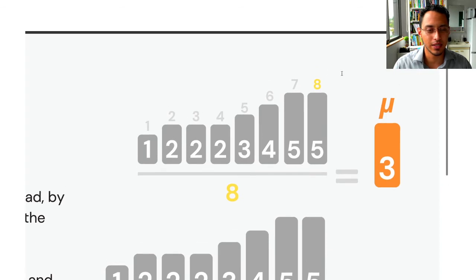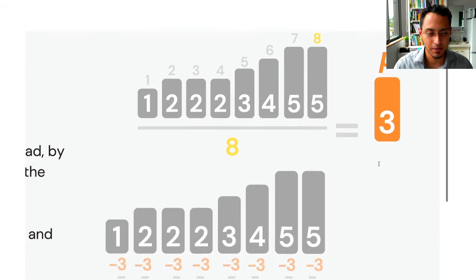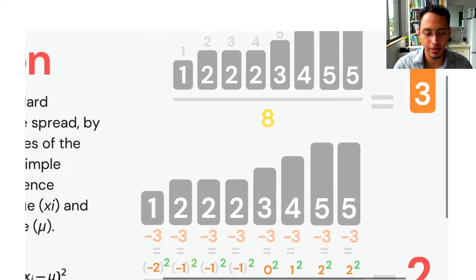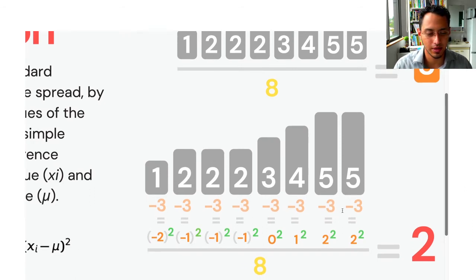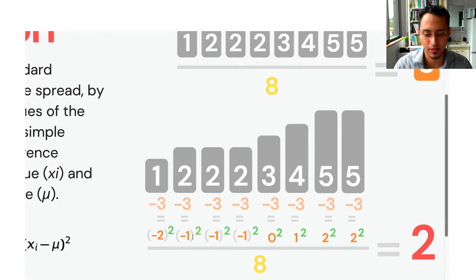First we take the mean of our data, 1, 2, 3, 4, 5 until 8, and we get the mean of 3. This is the same as what I've explained before. After you get that, you subtract that value from every single element. So this one minus 3, and so on, and then you get the values minus 2, minus 1, and so on. After you get those values, you take the squares of them.